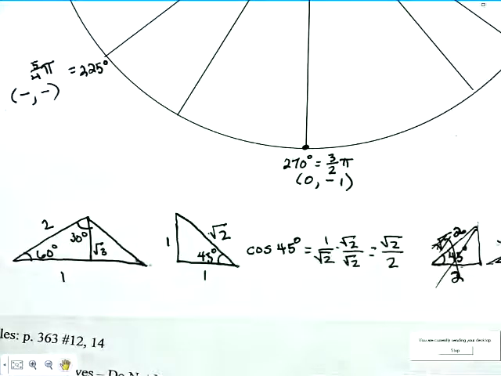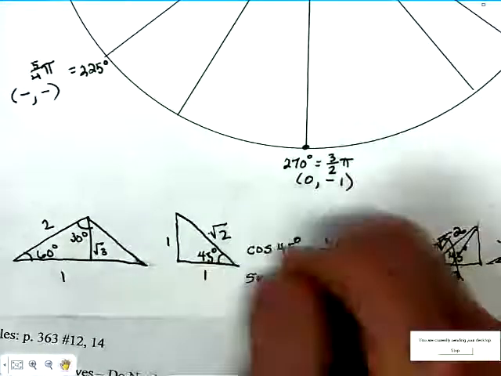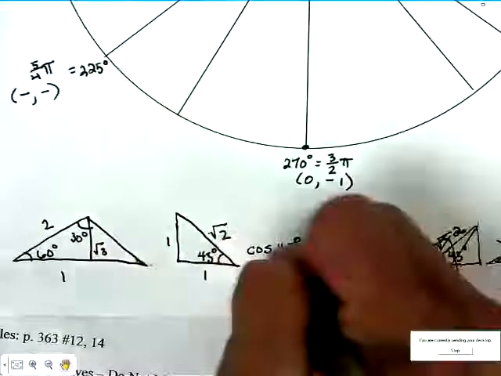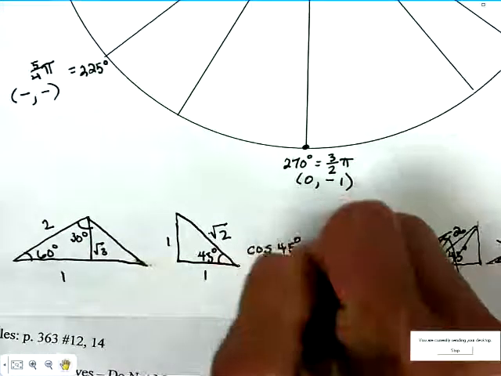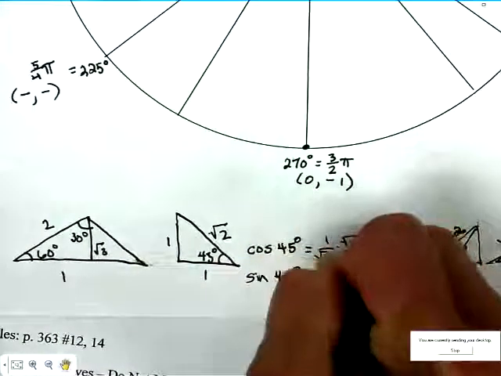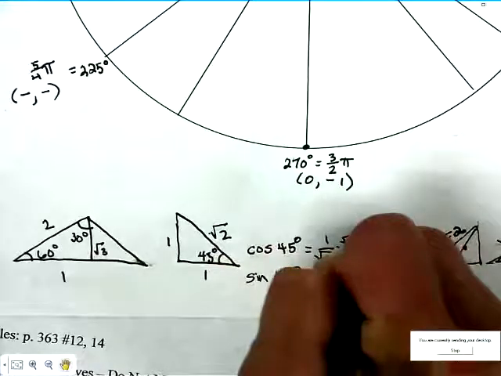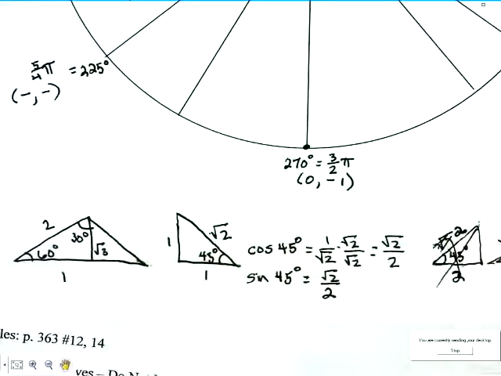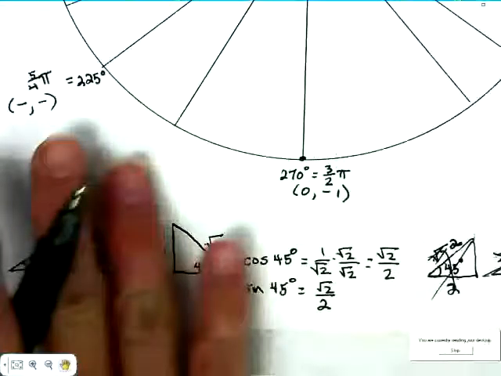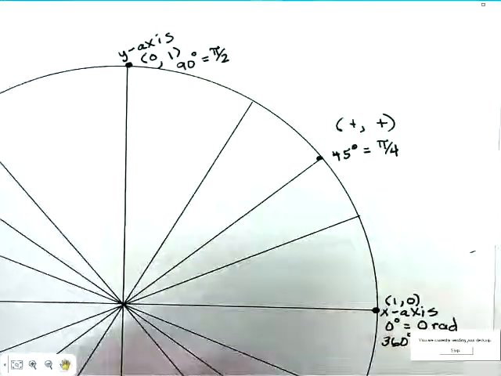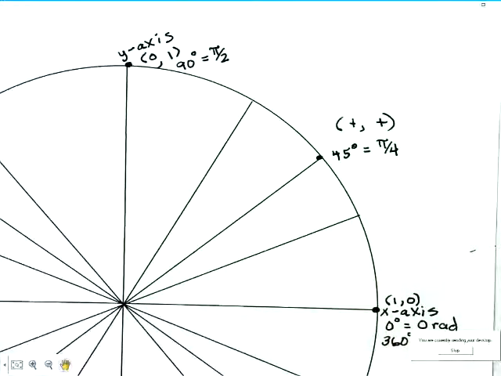And then you're right, since that's an isosceles triangle, the sine of 45 degrees is the same thing, square root of 2 over 2. As a matter of fact, at all of these 45-degree angles, the x and the y are both going to be square root of 2 over 2 with the appropriate sign affixed depending on what quadrant I'm in.